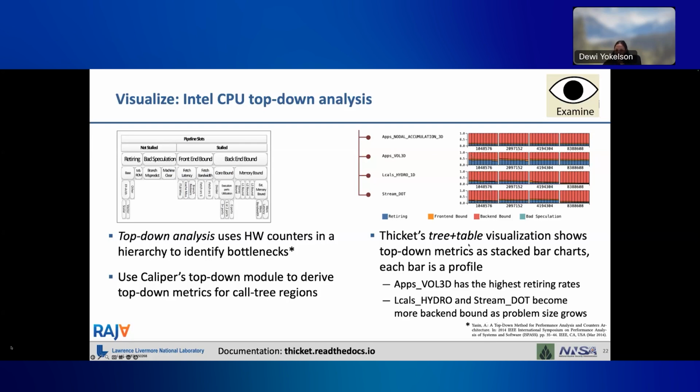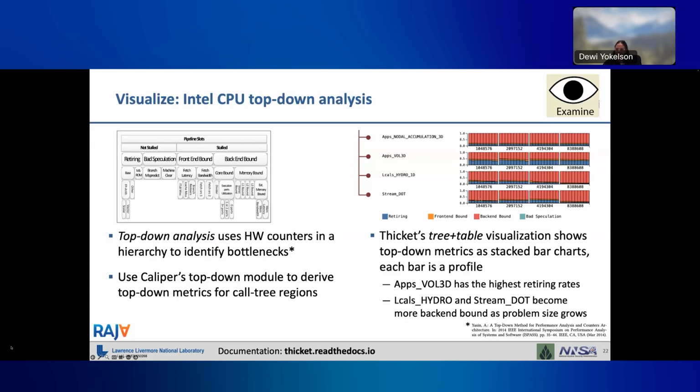And what's really cool about this visualization is you can really see visually what's happening. So for example, AppsVol 3D, which is this one, is the most retiring bound of all of these kernels. So we see more blue here. And then hydro, lcals, and stream dot.